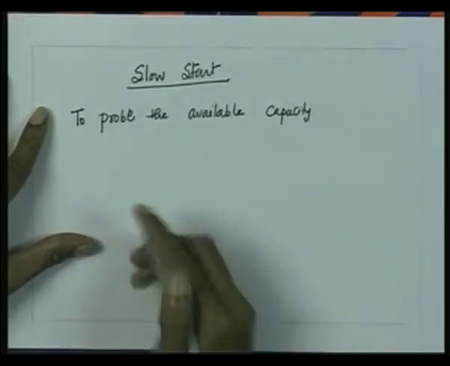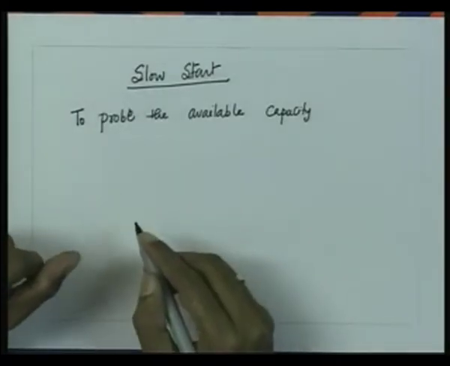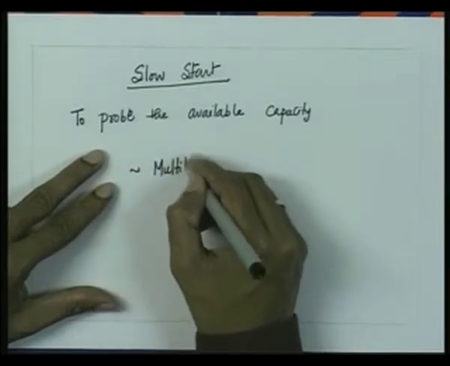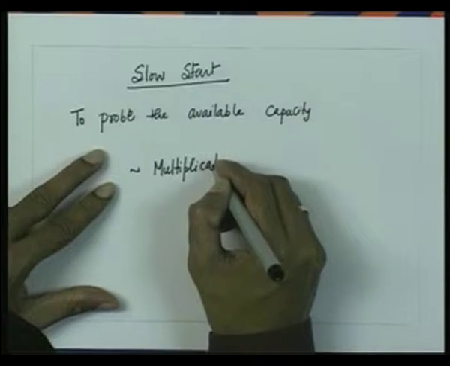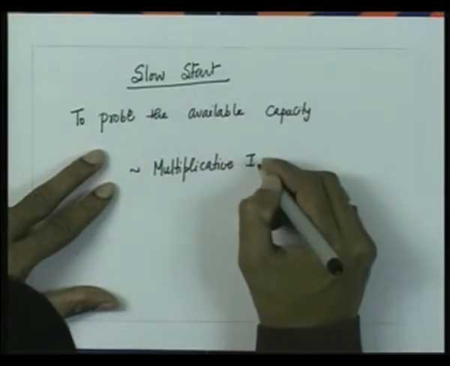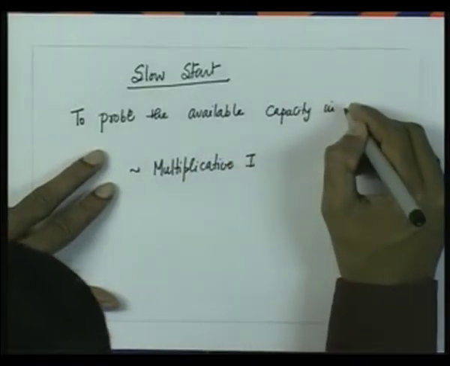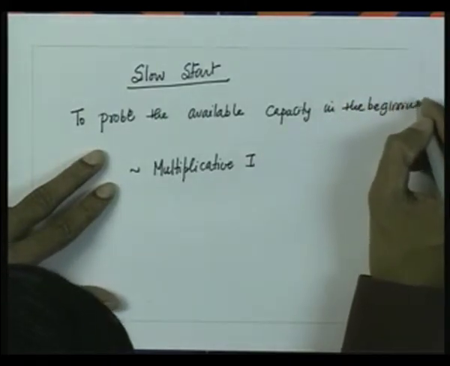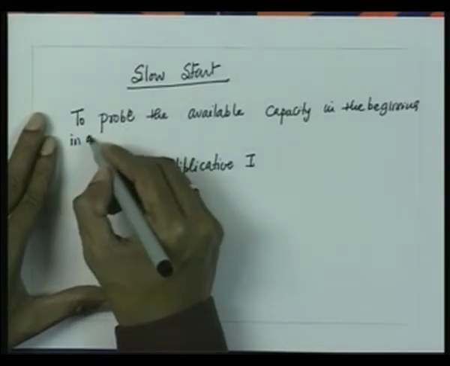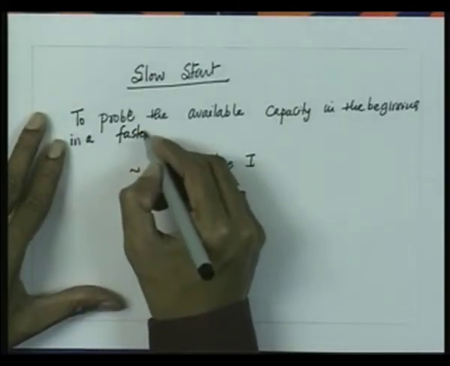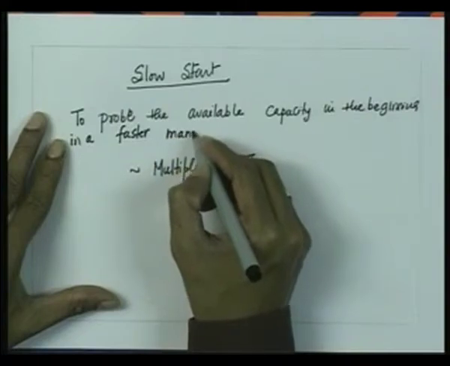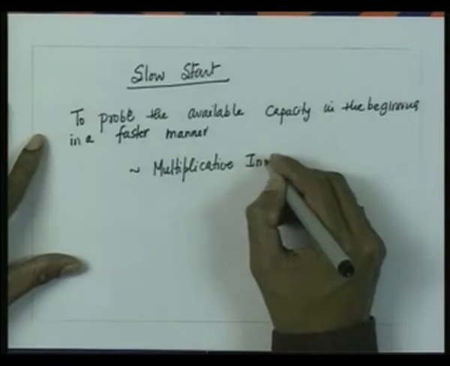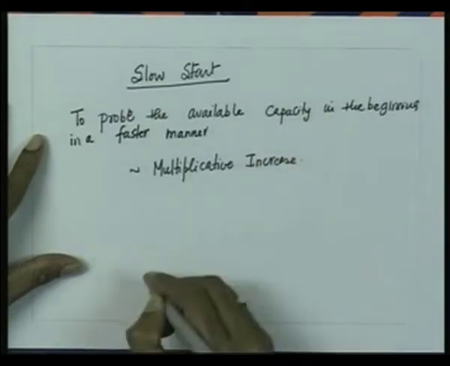Now what is done in the slow start phase is that it follows a multiplicative increase. So probe the available capacity in the beginning in a fast manner, so it follows a multiplicative increase.